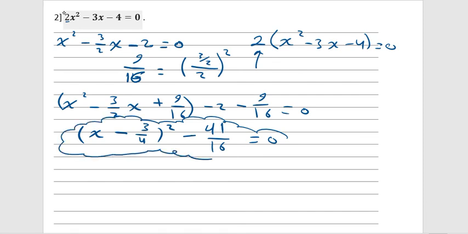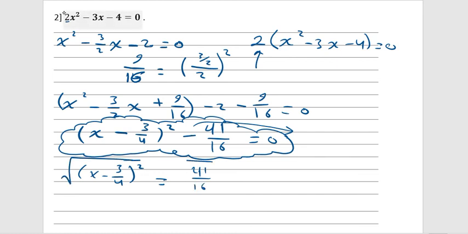How to use it to solve? Similarly to the last question, first move this part to the other side, so it will be (x - 3/4)^2 = 41/16. Square root of both sides, and don't forget positive and negative.